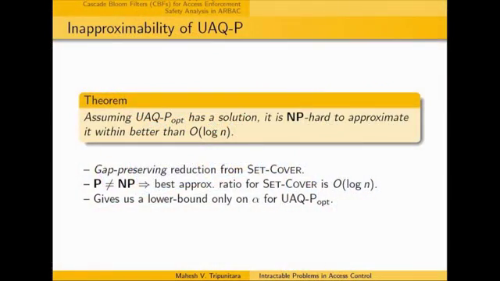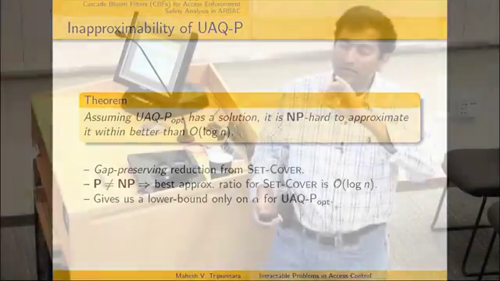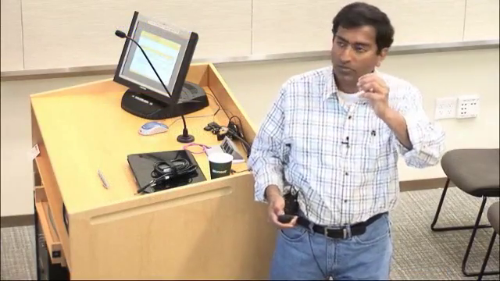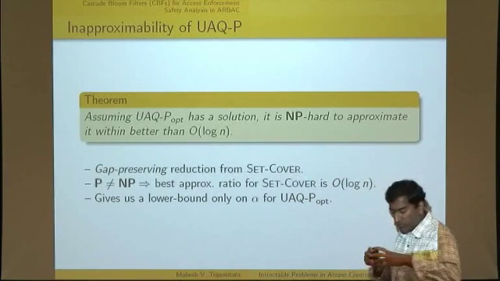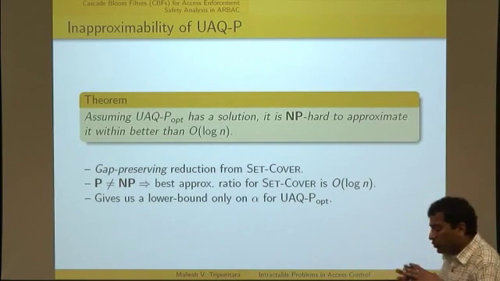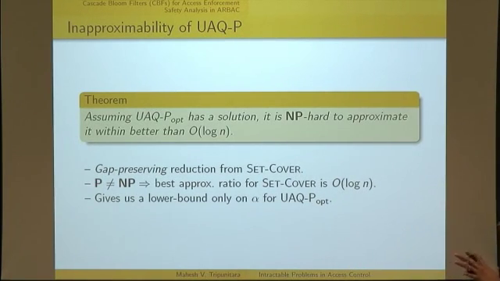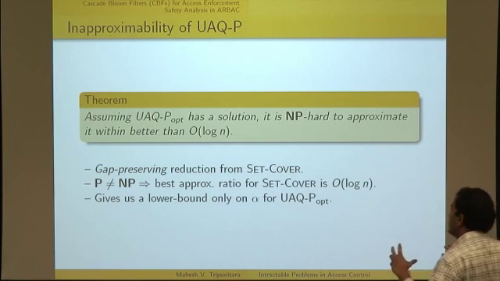Now for the permission version, the Karp reduction from set cover to UAQ-P, the decision problem, can be easily adapted to a gap preserving reduction. Because we know that for set cover we have a gap introducing reduction from SAT that shows that you cannot approximate better than log n, we know immediately that UAQ-P opt cannot be approximated within better than log n.